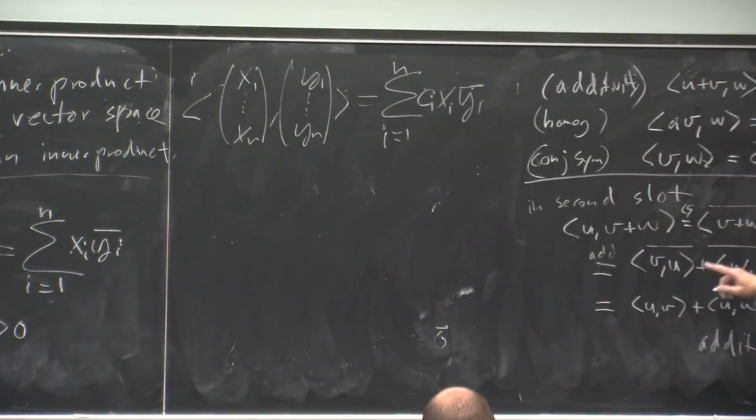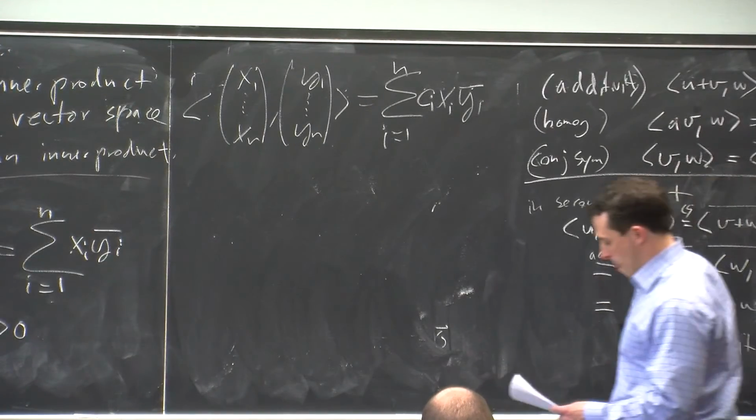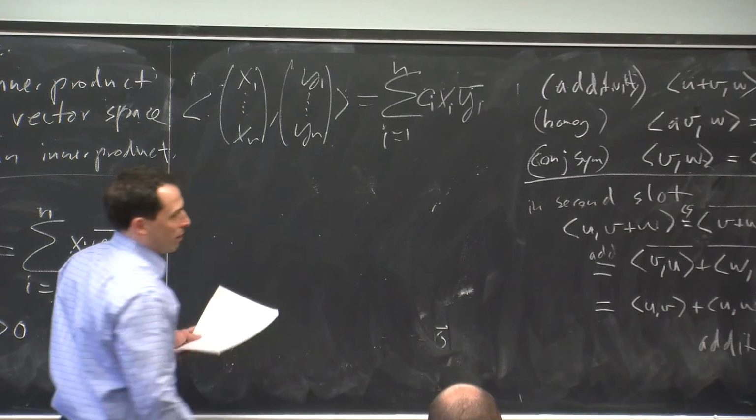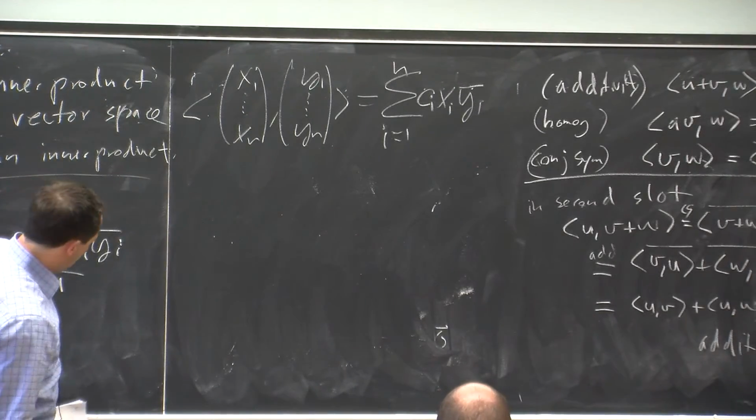And you can check that that satisfies all the axioms. So that's also a perfectly good inner product, and so there's at least infinitely many of them.